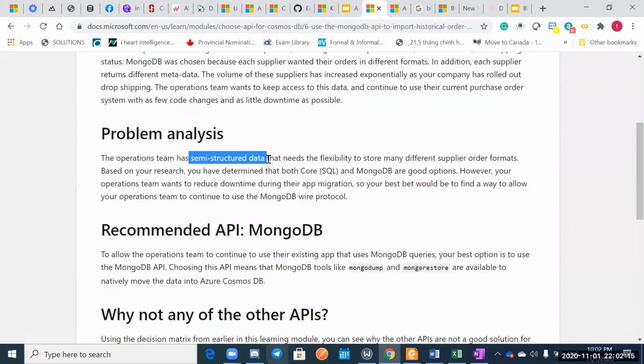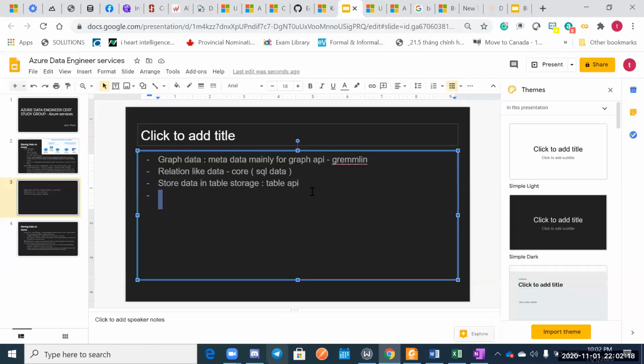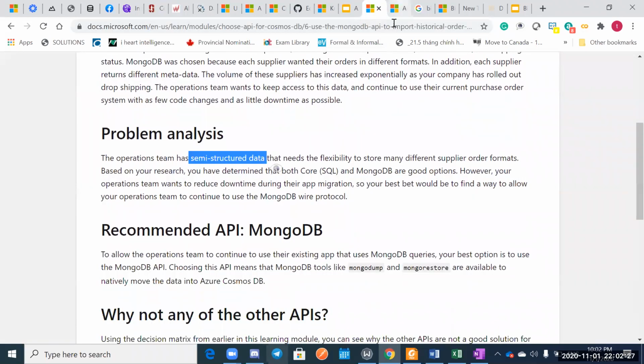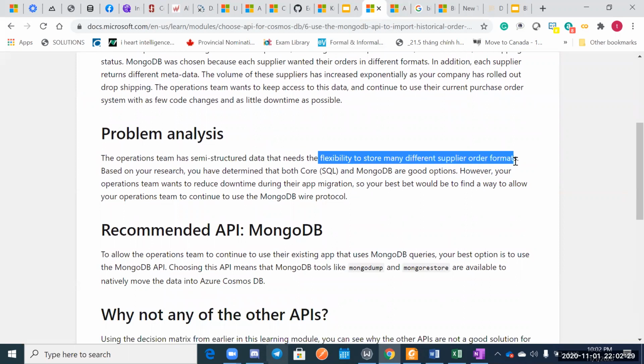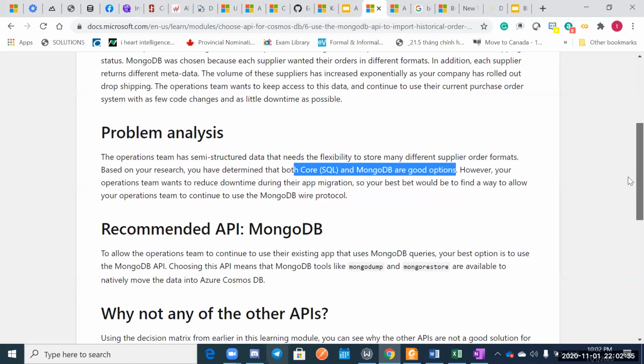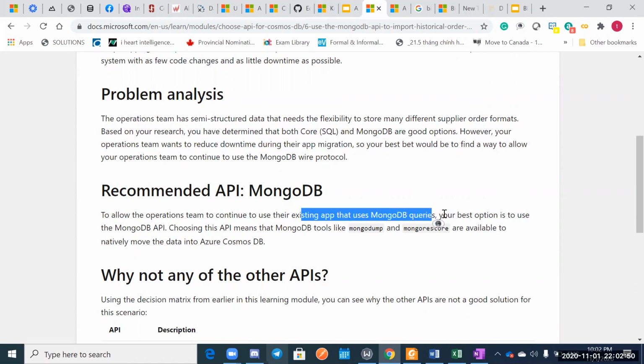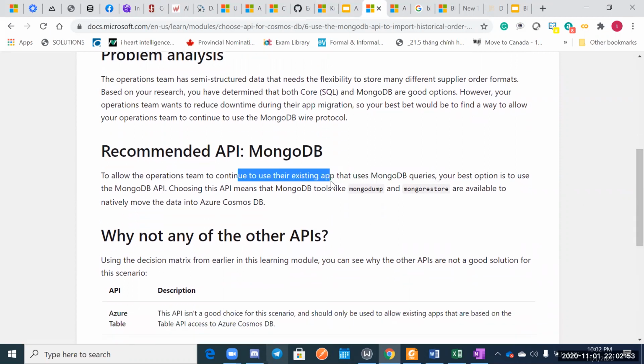So we have one question here that is semi-structured. We have semi-structured data, so we have to store it flexibly in different formats. Here, reduce downtime with the application. You see here, they have an application that already uses MongoDB queries.